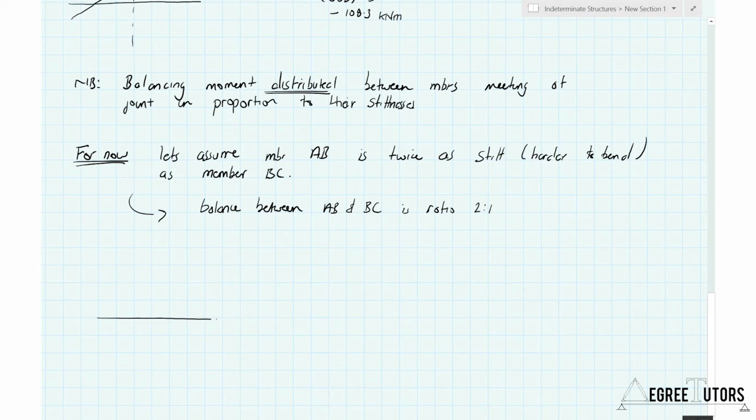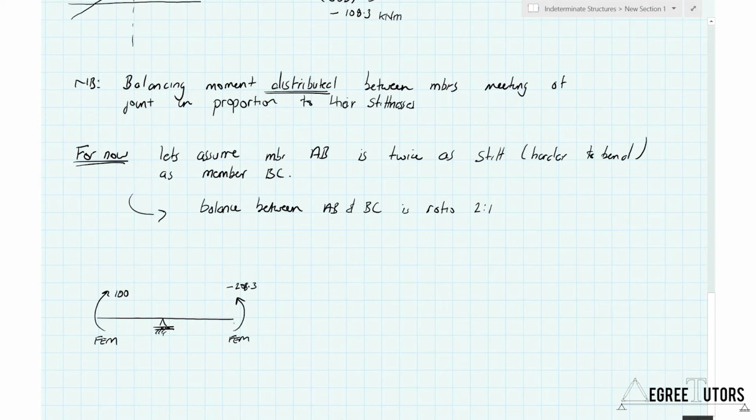We had our joint B, and we had the roller. Right, what did we have? Now, the fixed end moments were, let me see if I draw it this way, 100 here and minus 208.3 here. So that is a fixed end moment, and that's a fixed end moment. They're the starting point.